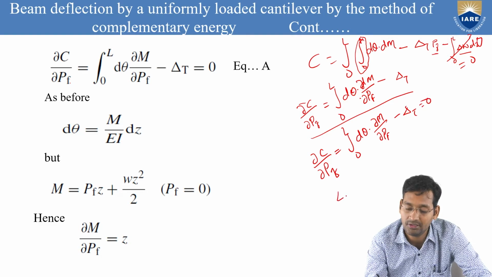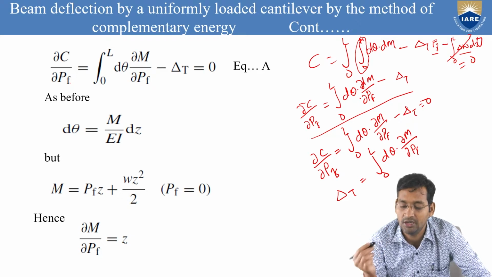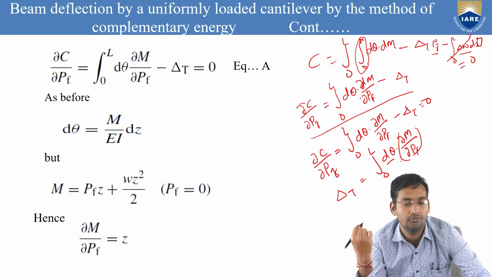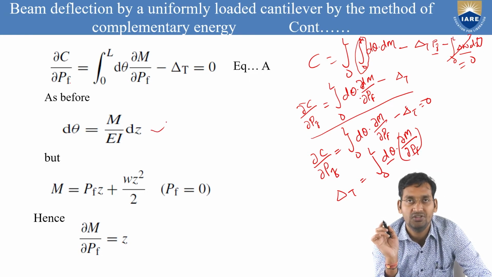So from here what we will get is ΔT equals the integral from 0 to L of dθ ∂M/∂PF. This we will get. Now here we have to find dθ and ∂M/∂PF, and then we can substitute. So dθ we already found, that is M by EI into dz.